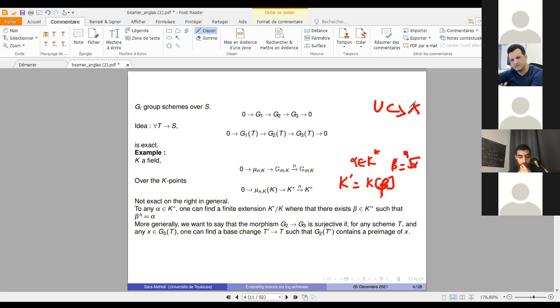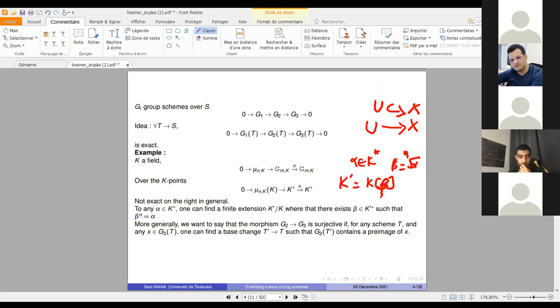And now, if X is a scheme, to define an open set on X, we will allow to take schemes that come from outside X. So we will only put a condition on the map that maps this open to X. For example, for étale topology, we will ask the map here to be étale, which means flat and unramified. For fppf topology, we will ask this map to be fppf.